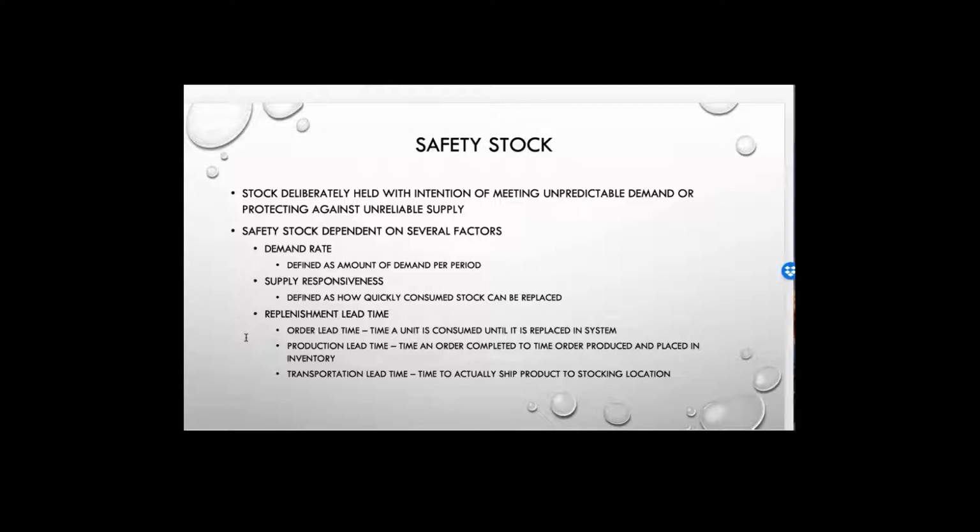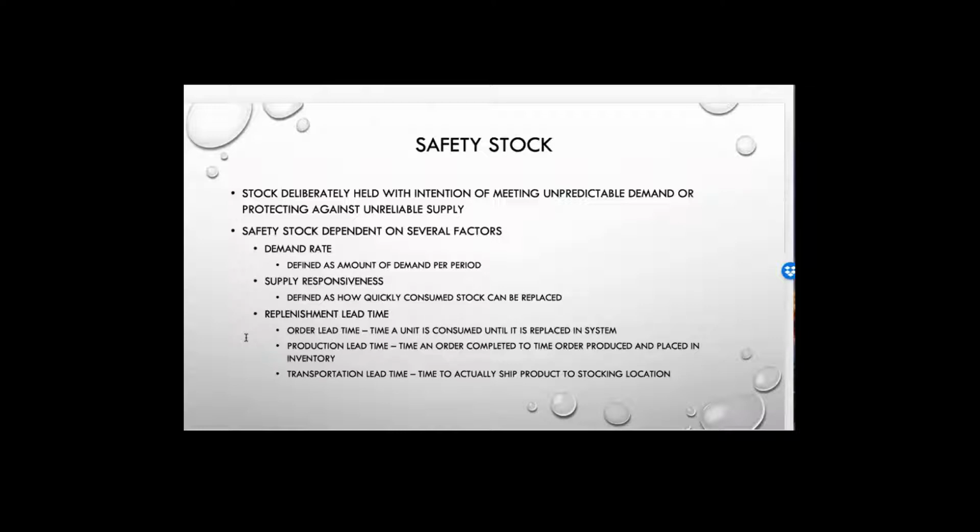So when we look at supply chain, we've got basically three factors that we look at when we determine safety stocks. First, the demand rate, basically the amount of demand per period. Within this, we look at the variation in the demand rate. We usually assume that the demand itself is covered by the normal inventories, but the safety stocks are going to deal with the amount of variation within that demand rate that we have to protect against.